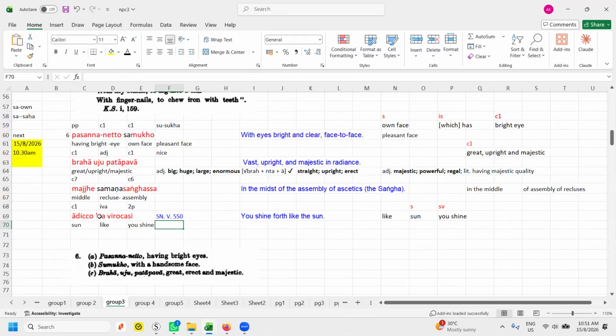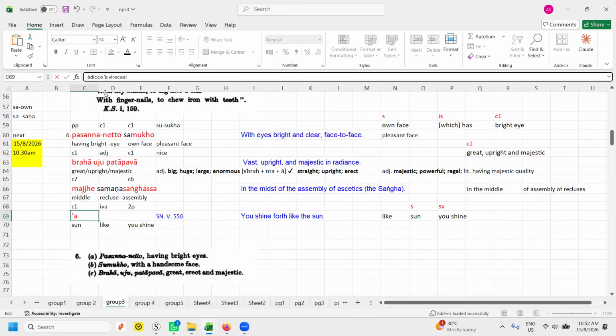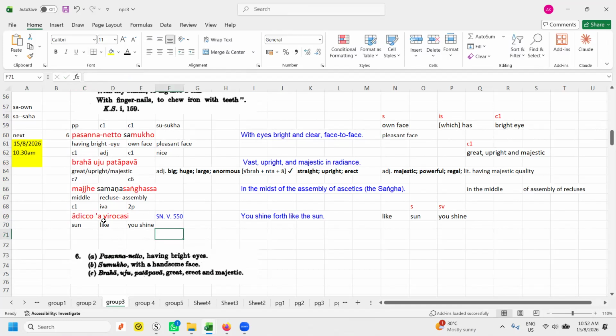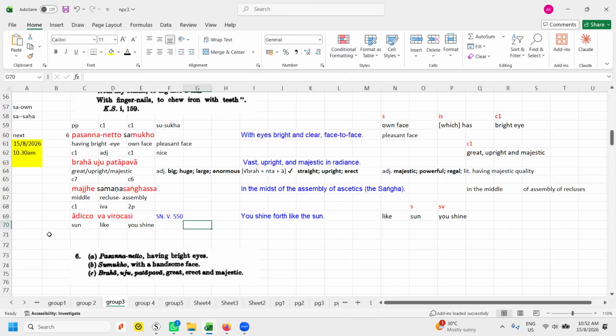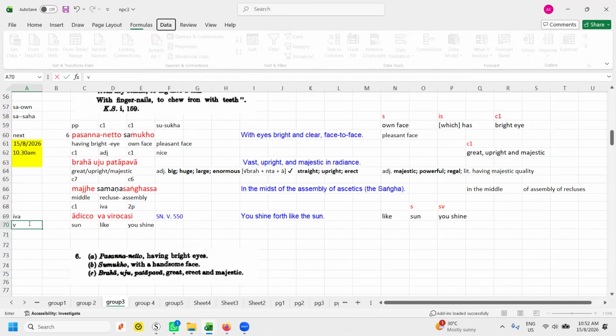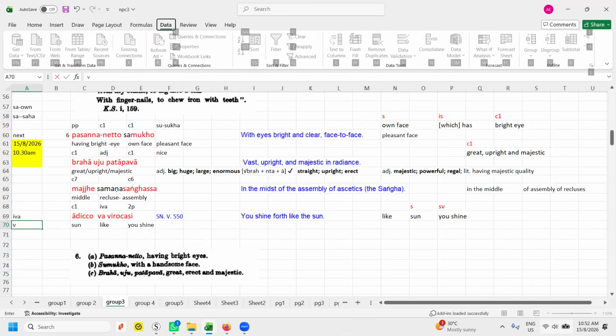Even if you don't see this, it doesn't matter. For wa, you normally get iwa, or you get wa, long a.